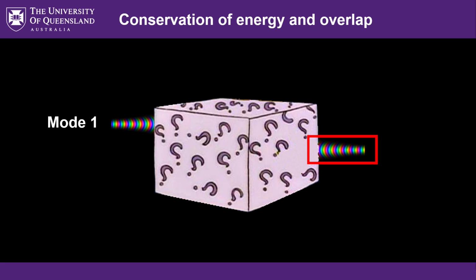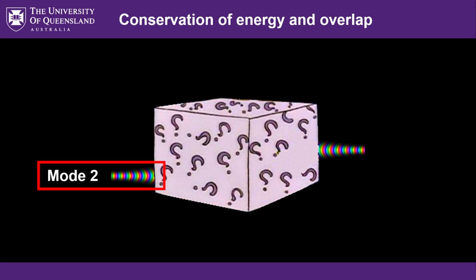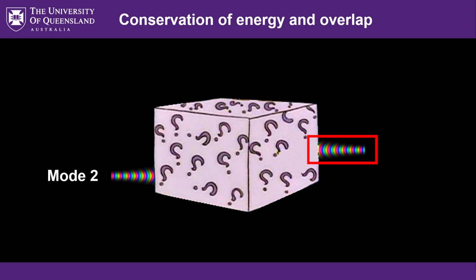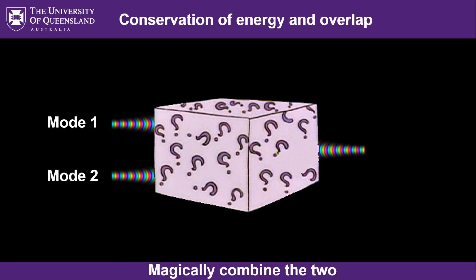And then we've got another input mode, mode 2, which is orthogonal to mode 1 on the left. It's at a completely different position. But then somehow, it also exits the box as the same field as mode 1 on the other side. They both went into the box as orthogonal independent, potentially mutually incoherent fields with no well-defined phase relationship relative to one another. But then they both exit the box as the same coherent field on the right.